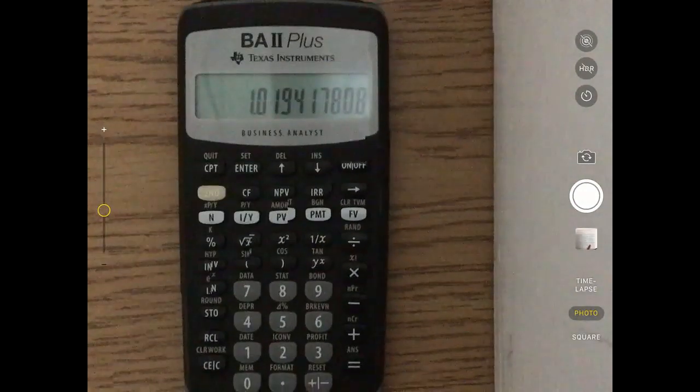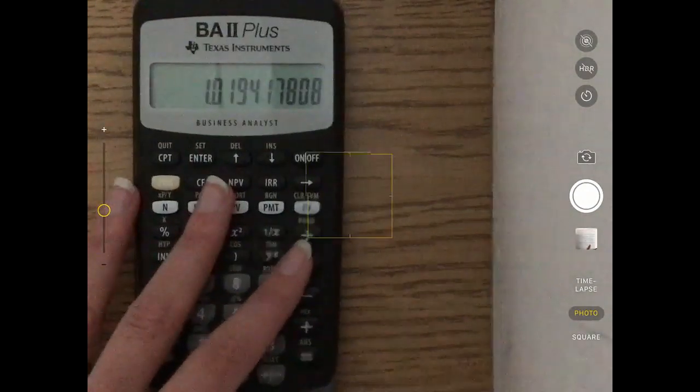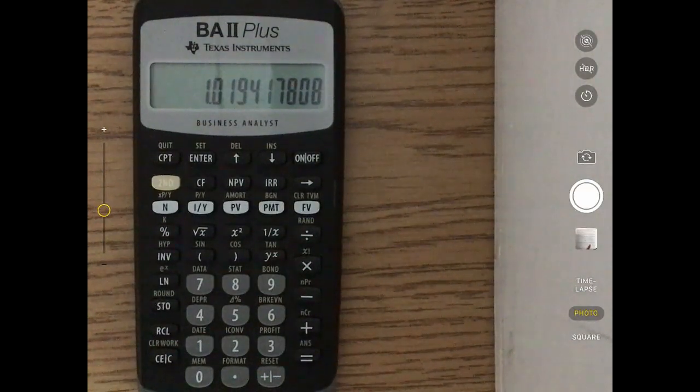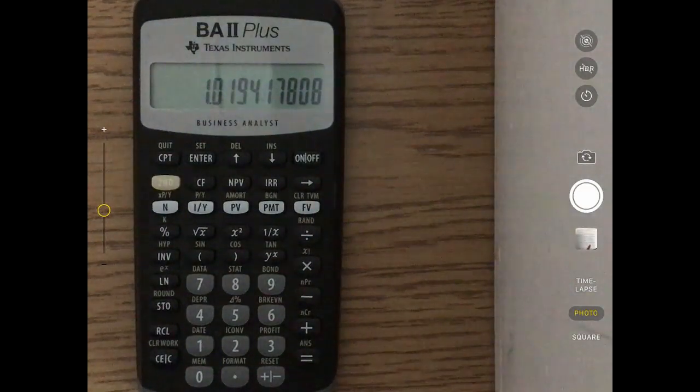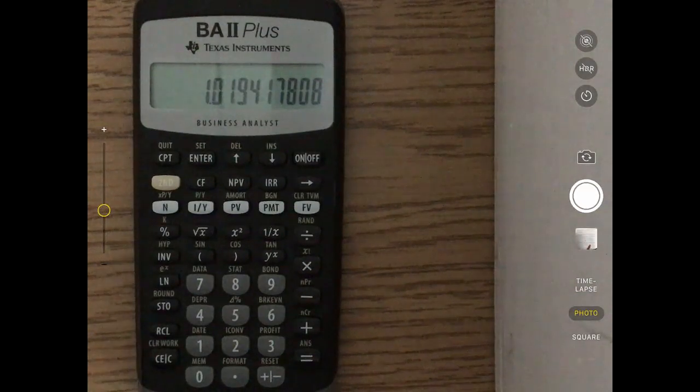All right. I think I've shown you guys before how to store values, but it's really valuable, pun intended. So here we go. If I want to have this big value stored in my calculator, I'm going to hit the store button, STO, and then I have to tell it where I want to store it. You can think of all these 0, 1, 2, 3, 4, 5, 6, 7, 8, 9 as storage spaces. So you can put it in a slot and forget about it. So I'm going to hit store, and then I'm going to put it in 1. It doesn't do anything.